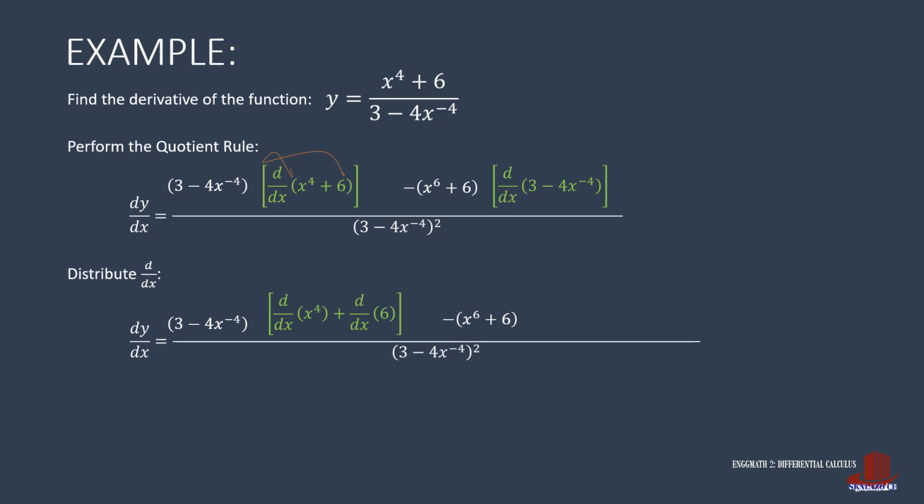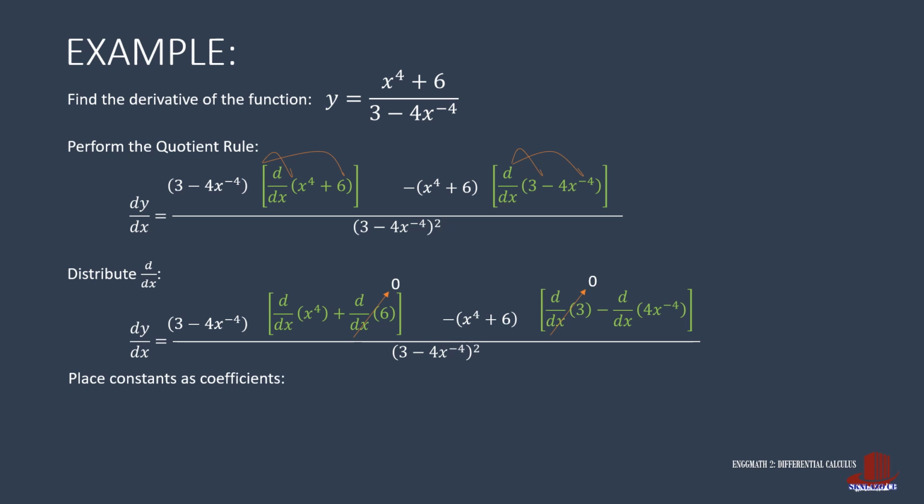Subtract the upper term multiplied by the binomial with d over dx of 3 minus d over dx of 4x raised to negative 4. All derivatives of pure constants will be taken as 0, thus reducing the derivative.